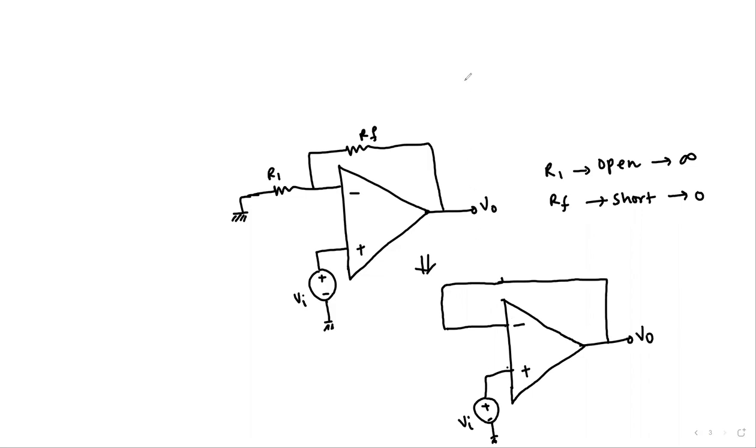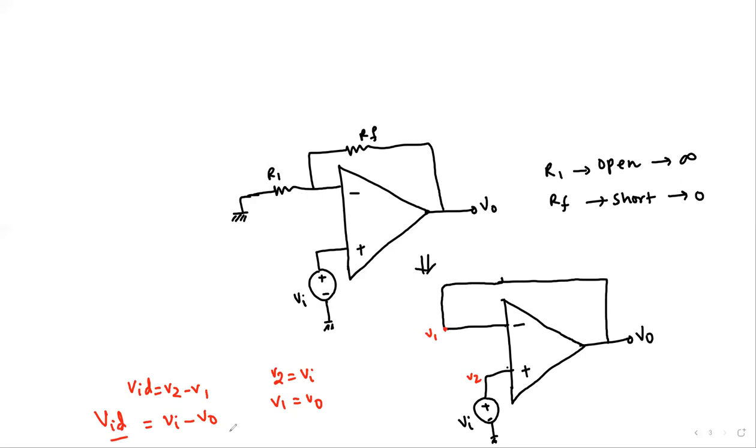Obviously we see that this is V2, and the voltage at this node, VO, is fed back to V1. So V2 is nothing but VI, and V1 is nothing but VO. And VID would be V2 minus V1, so it would be VI minus VO. That is the difference voltage.